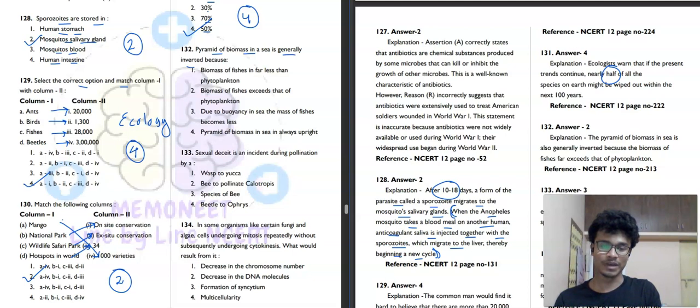We know that the pyramid, if we make it for sea, will be like phytoplankton, zooplankton, then fish. These are small fishes, and then large fishes.